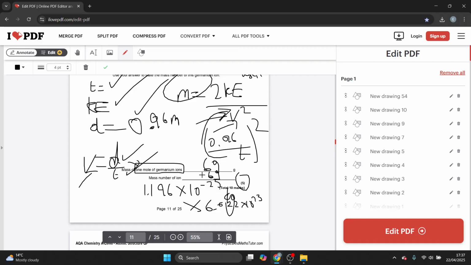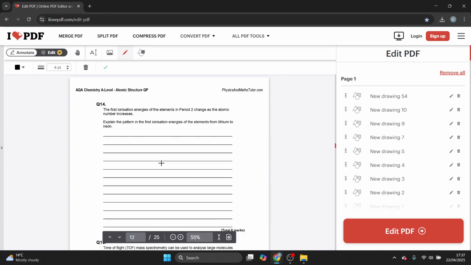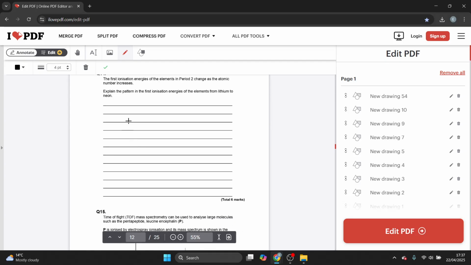And then that's really it, because this part we need to spot, it says grams, so then times by 1000 again.